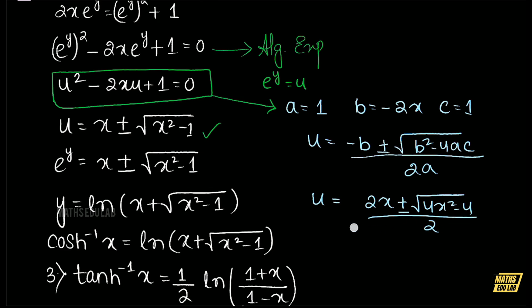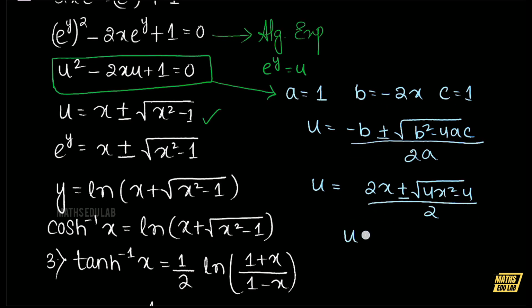By taking 2 as common, we get u is equal to x plus or minus root over x square minus 1. Here also the same statement applies. We will take only the positive term, since e to the power of y is a positive value.